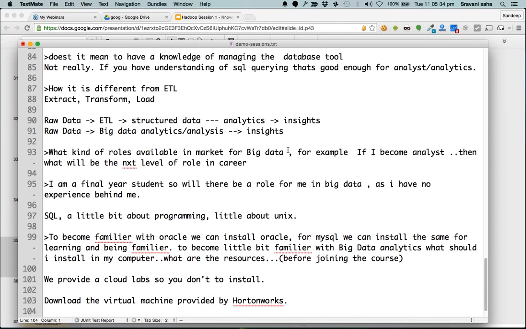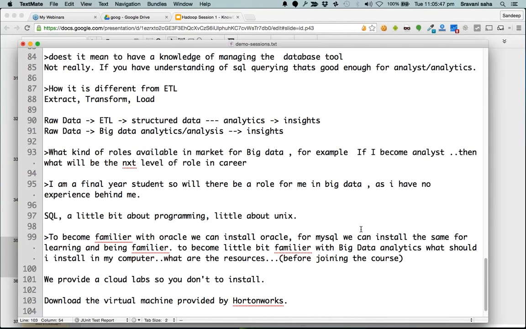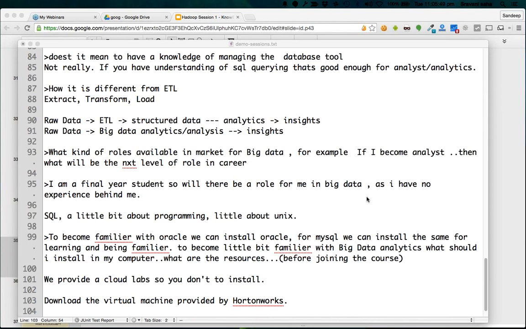The only problem with this virtual machine is it will take a lot of RAM. You will need to give it 4 GB of RAM, which means you need to have 8 GB of RAM in your computer. All right, was I able to answer, Raz?